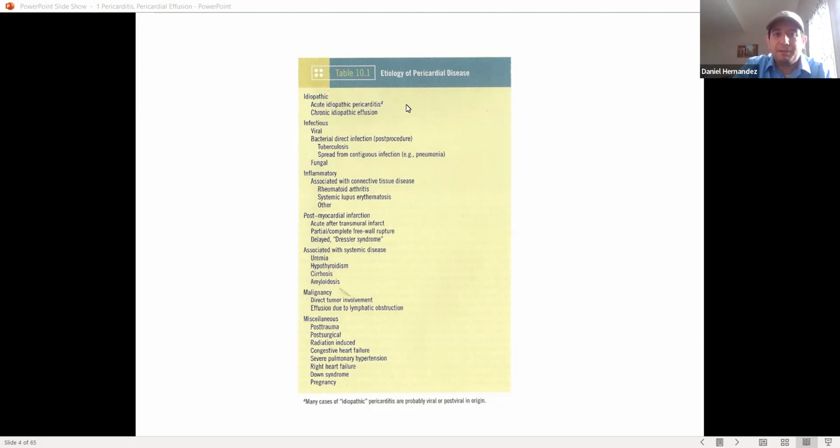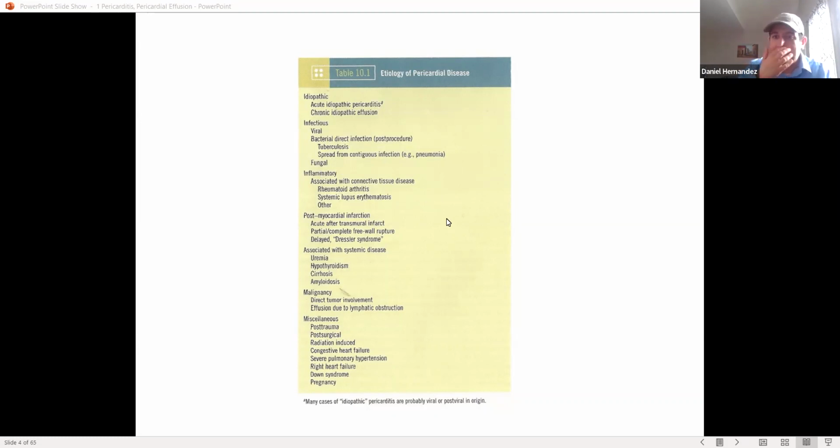We can also have infections, either viral or bacterial, which can spread to the pericardium and lead to pericardial effusions. They can be fungal in nature. We can have patients with inflammatory diseases like rheumatoid arthritis and systemic lupus, which can again affect the pericardium and lead to pericardial effusion.